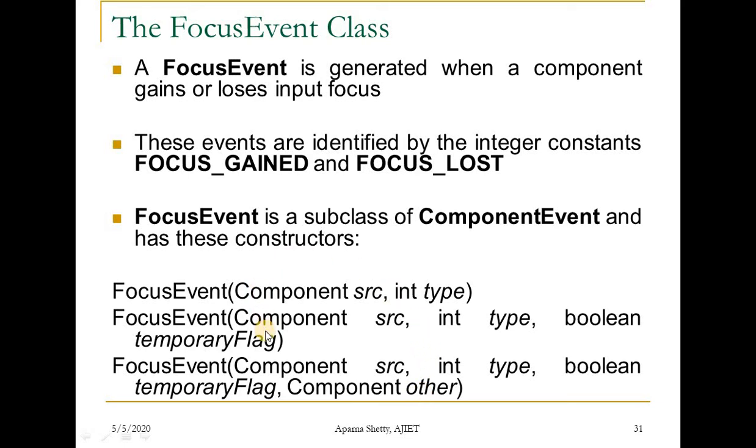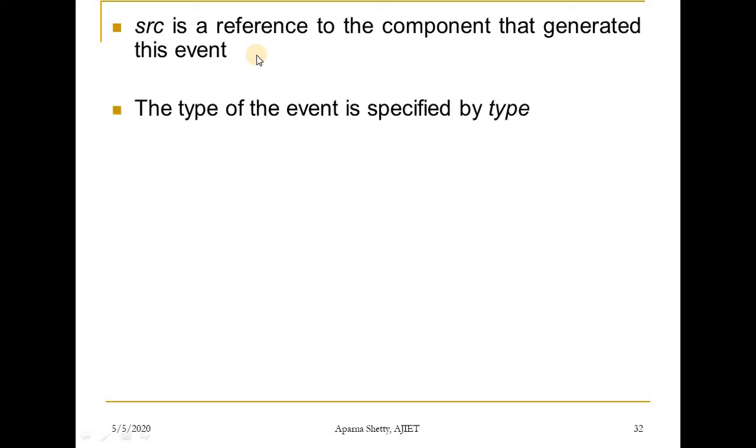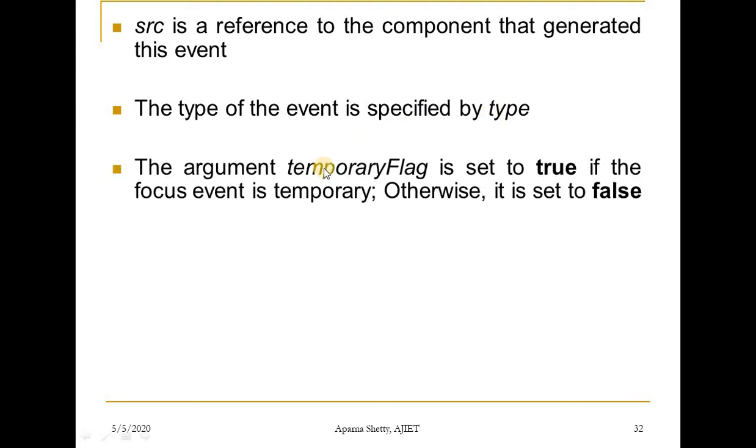So let us see what these parameters are. Source is a reference to the component that generated this event. The type of the event is specified by type. The argument temporaryFlag is set to true if the focus event is temporary.